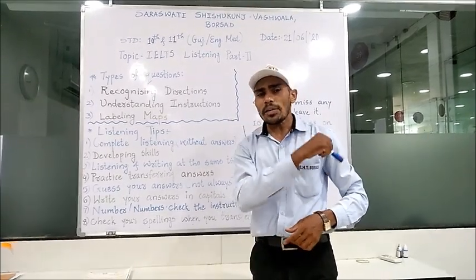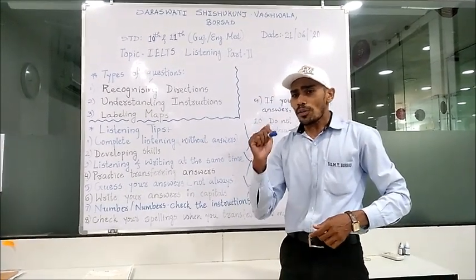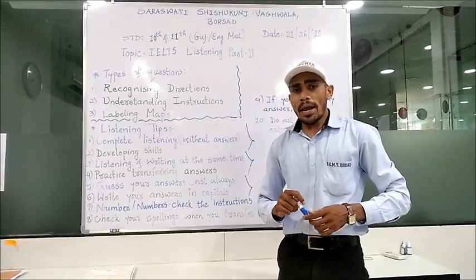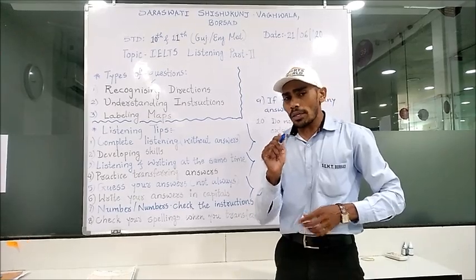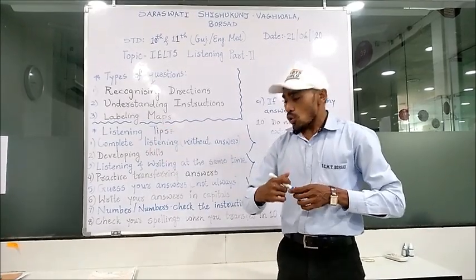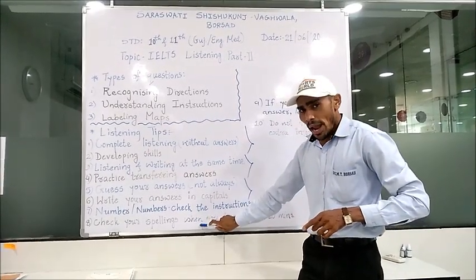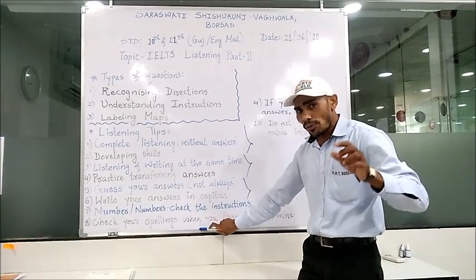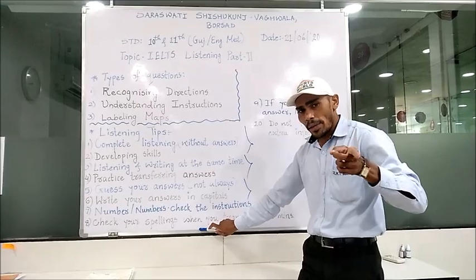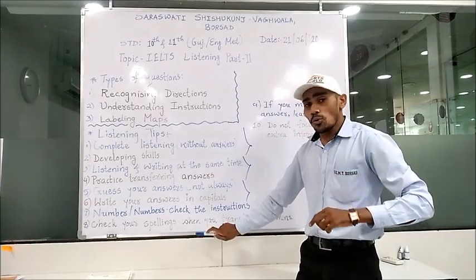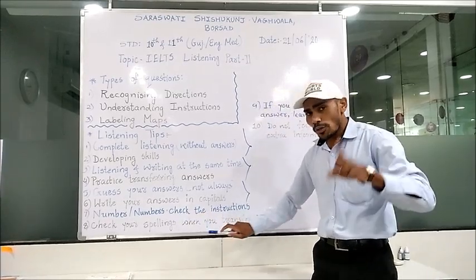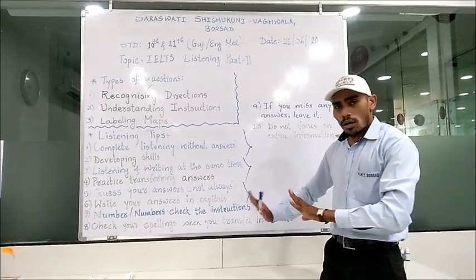But when you get 10 minutes, make sure that whatever you have written in your mother tongue, you can write the correct spelling in that span of time. This is very crucial, and within 10 minutes you need to transfer your answer. Whatever you have written in Gujarati, you can make the correct spelling and use the time wisely. So correct your spelling when you transfer your answer. This is a very good thing.